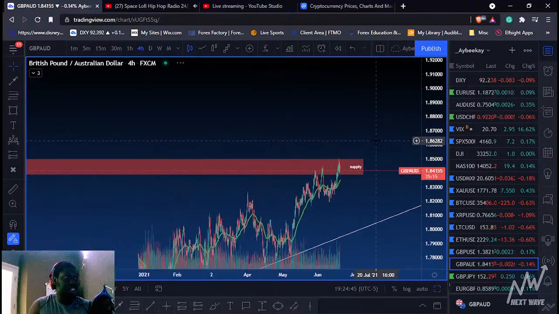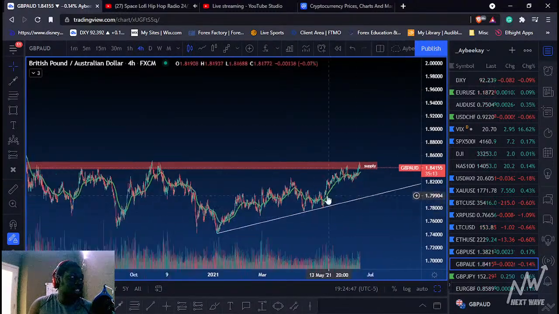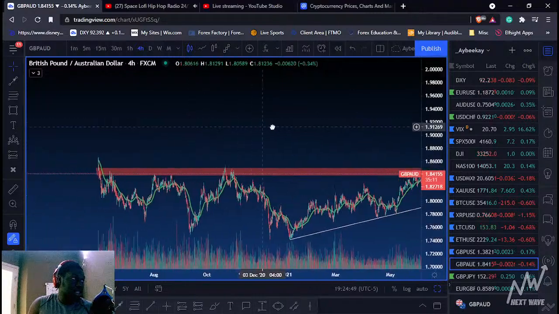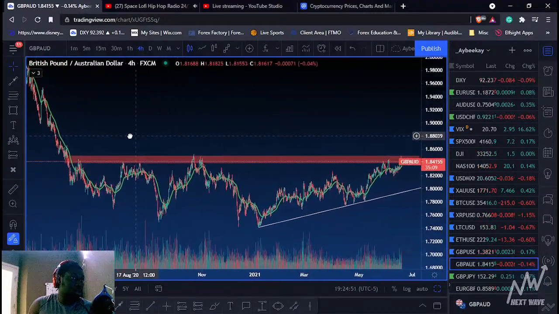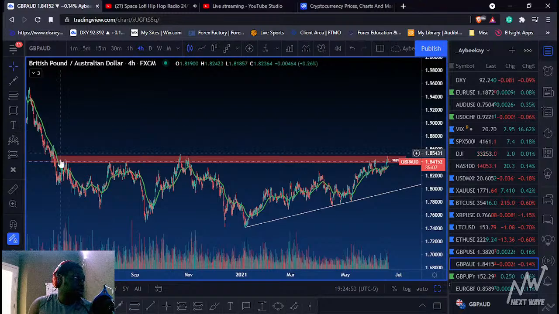It could potentially sell here, but I'm good on that because this is a supply zone that's been used multiple times for the past year, basically. So what could possibly happen?